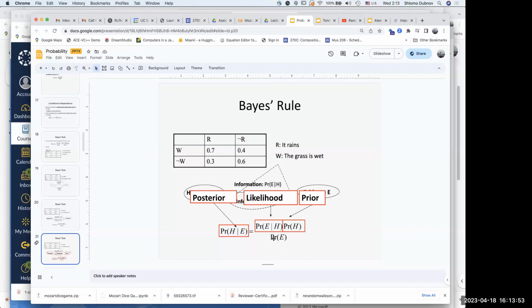Then we need to normalize this over all possible evidence. Using Bayes' formula, we can make the inference: let's say you made some experiments and you measure the evidence, you can try to infer the underlying causes.